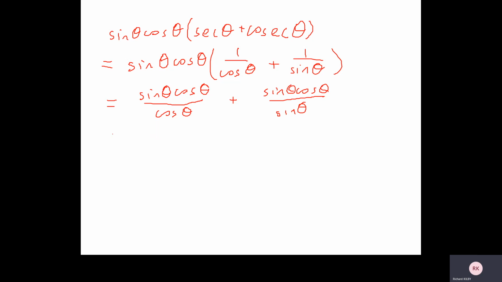And this first one will simplify down to just sine theta. And the second one here will just simplify down to cos theta. So you just get sine theta plus cos theta. That's all good. Okay.